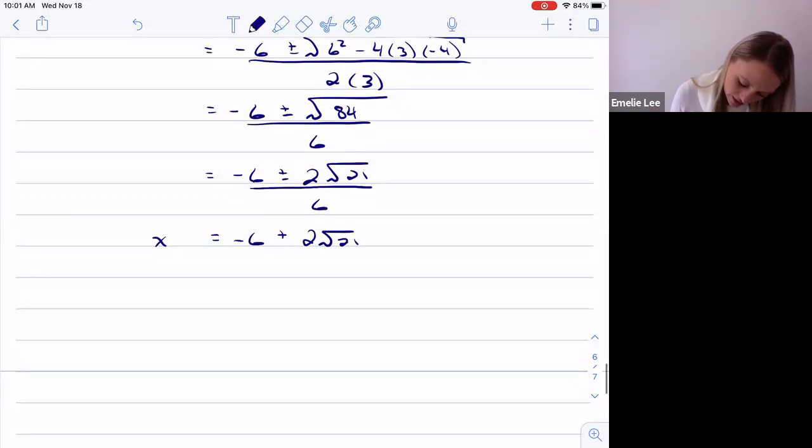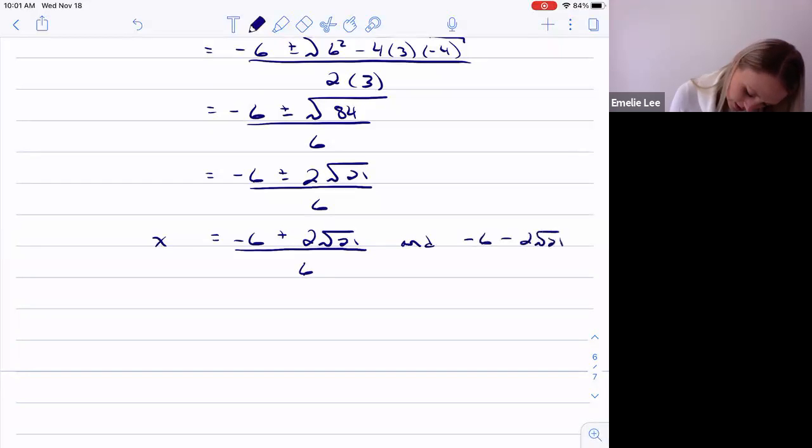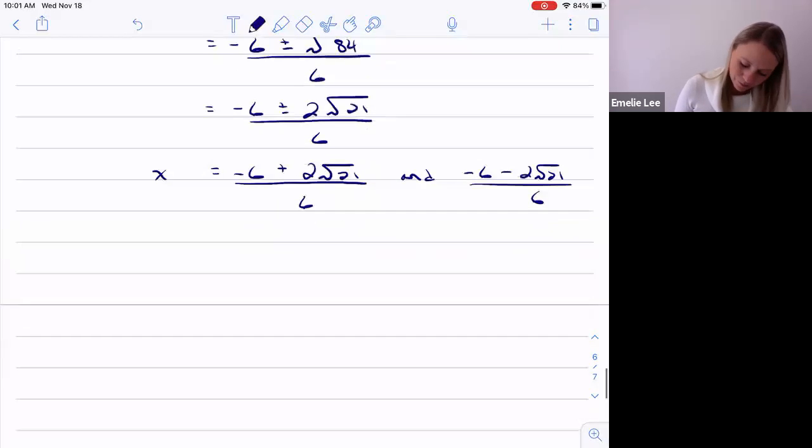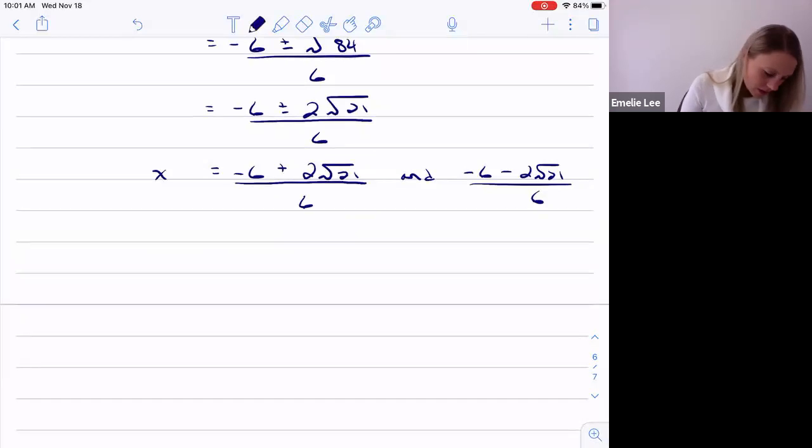So we have negative 6 plus 2 root 21 over 6, and negative 6 minus 2 root 21 over 6. So negative 6 plus, in brackets, 2 times the root of 21, divided by 6.